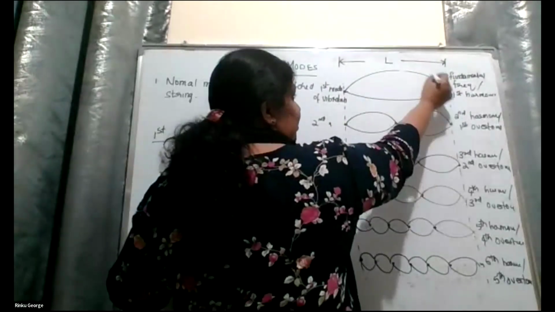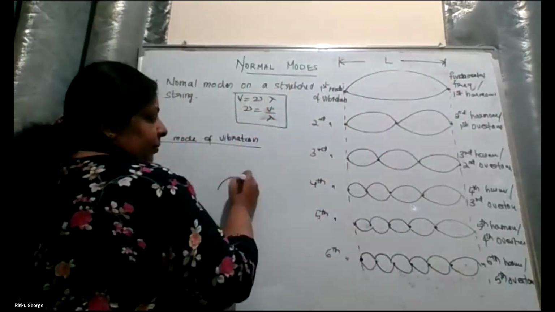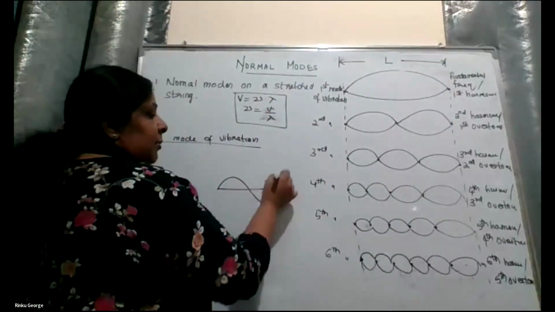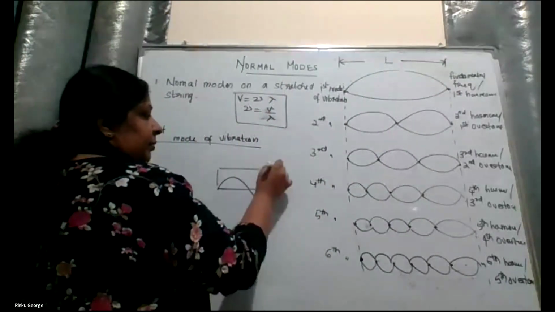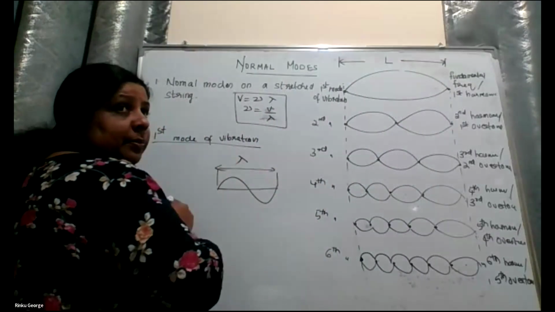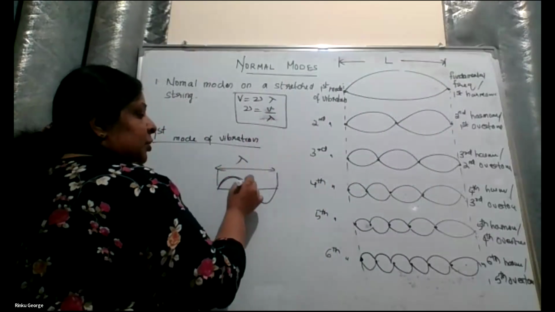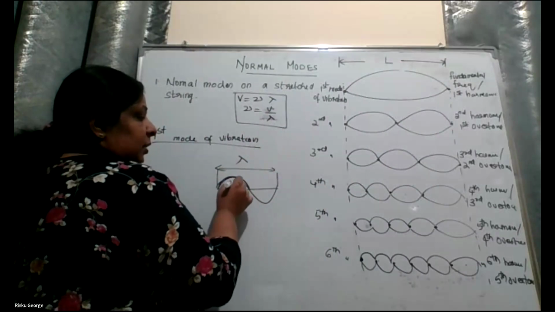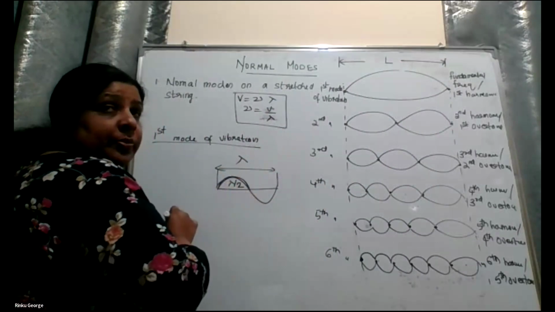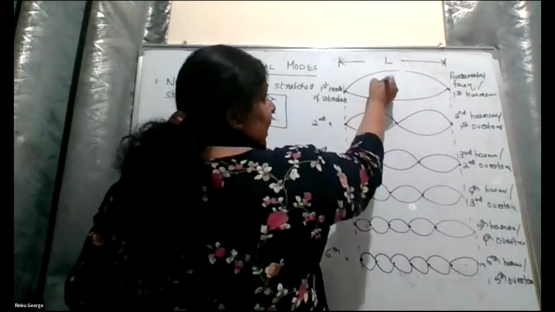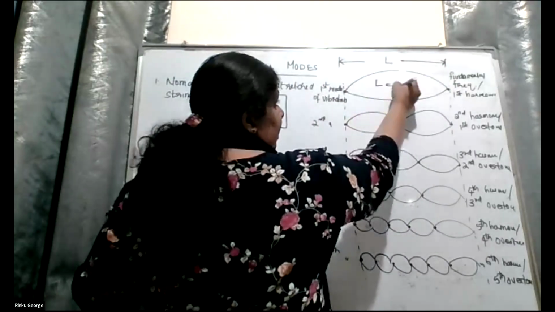This is actually half of the wavelength only. This is full lambda. In the first mode, this much only, lambda by 2. So in the first case, L is lambda by 2.